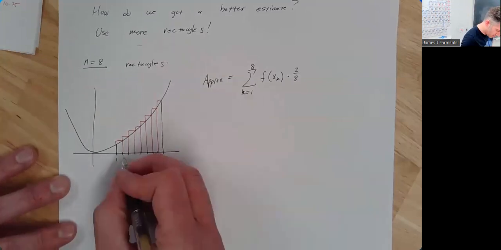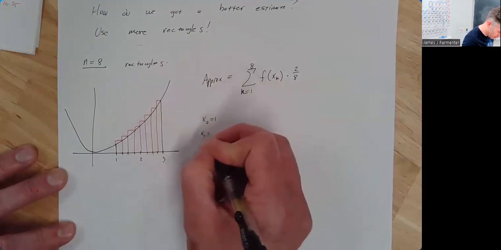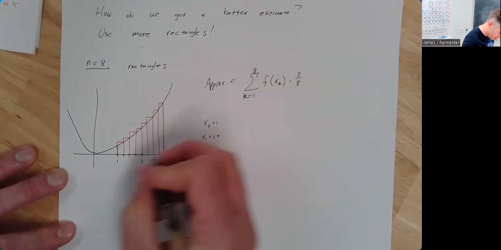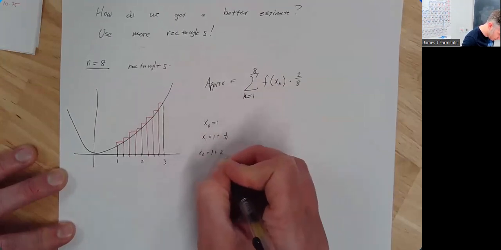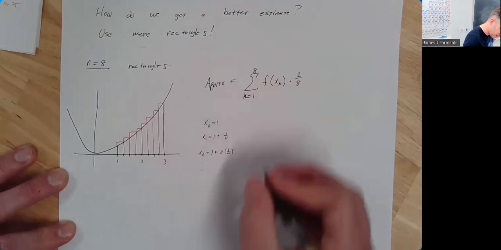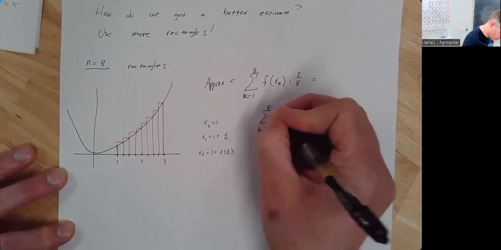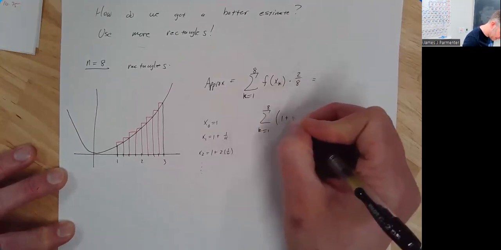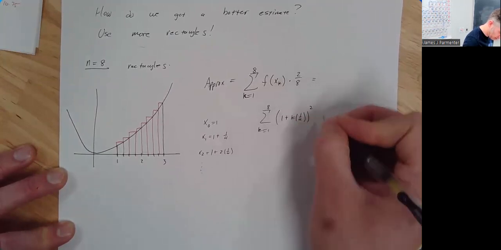So our x sub 0 is 1, our x sub 1 is 1 plus 1/4, our x sub 2 is 1 plus 2 times 1/4, and so on. So this ends up equaling the sum from k equals 1 to 8 of 1 plus k times 1/4 to the second power.